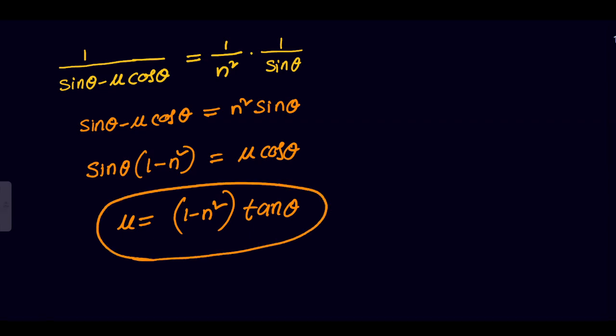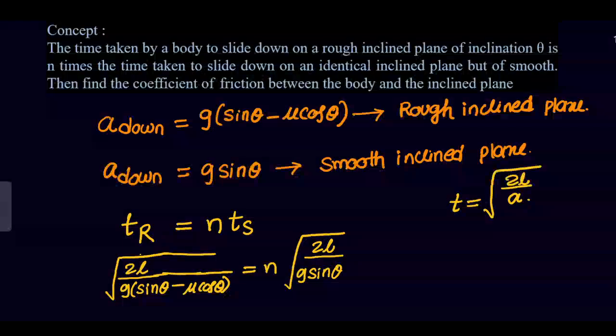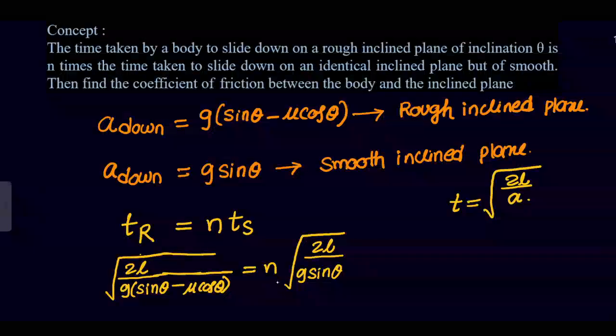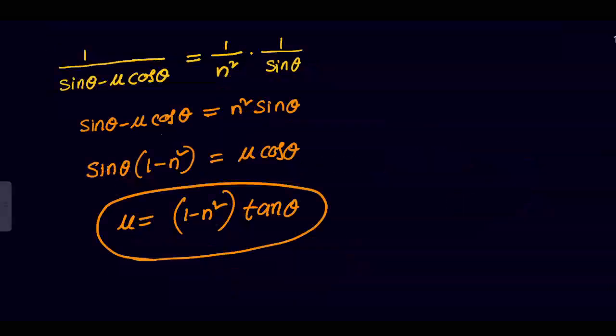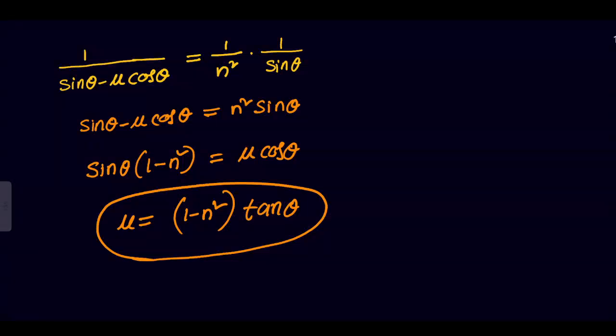Why again one more n square? So here this is 1 by this. When you have multiplied, this is 1 by n or n here. So we have cross multiplied, any mistake we did? So here we wrote it as 1 by n square.